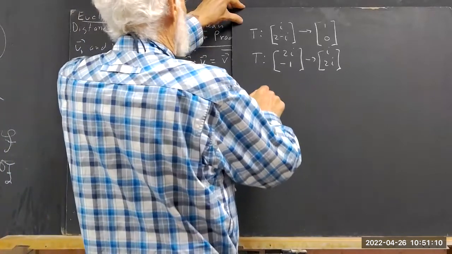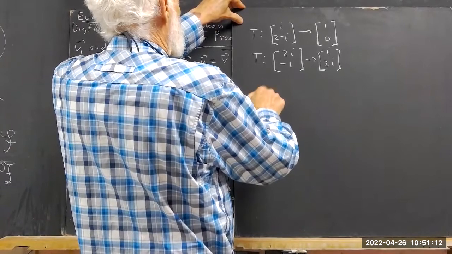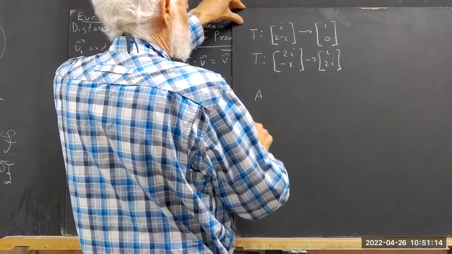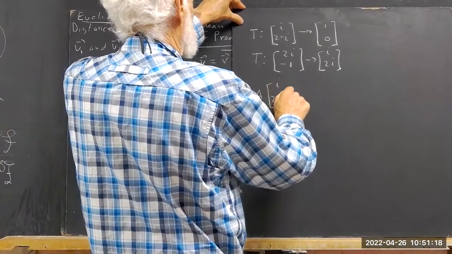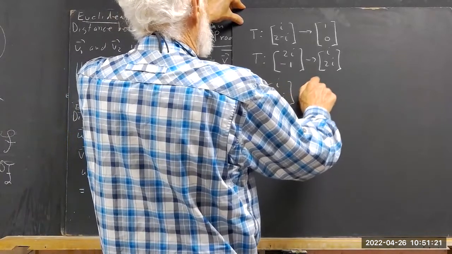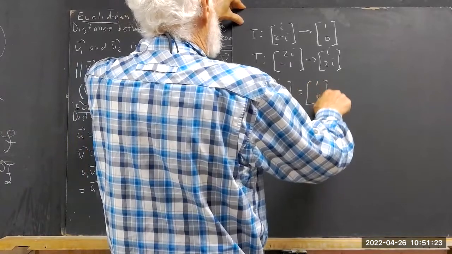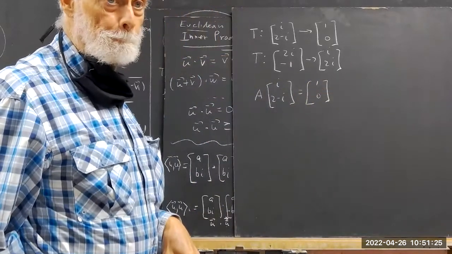Well, then the matrix A multiplied by I, 2 minus I should equal 1, 0, right?